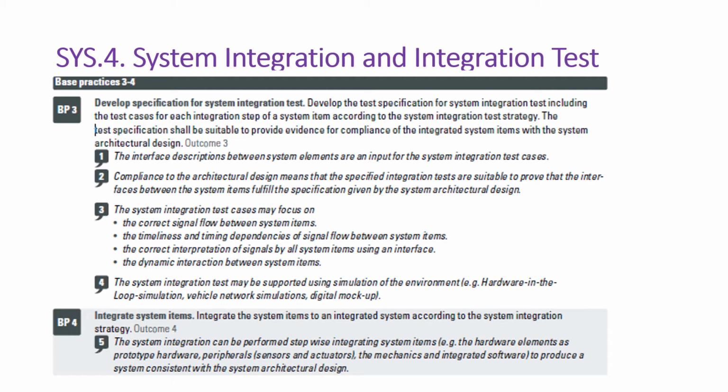There are 4 different elements, or 4 different subsections, in this. The interface descriptions between system elements are an input for the system integration test cases. In the architecture design, we have defined system elements, and we have defined interfaces.